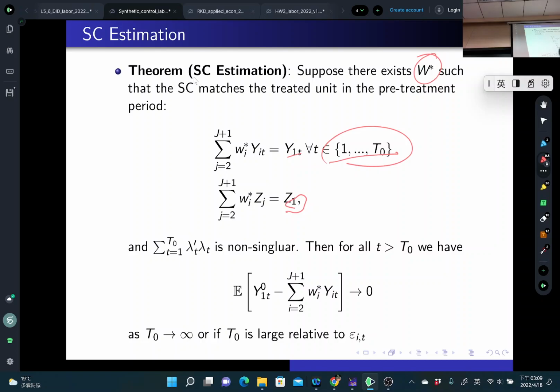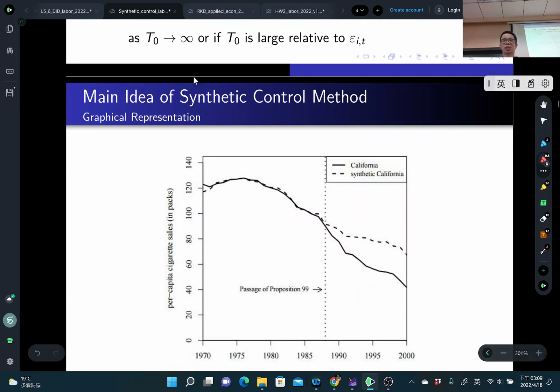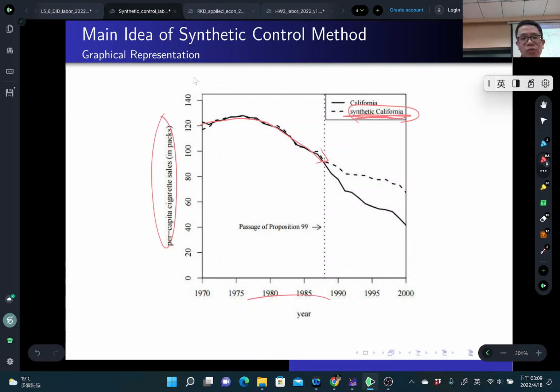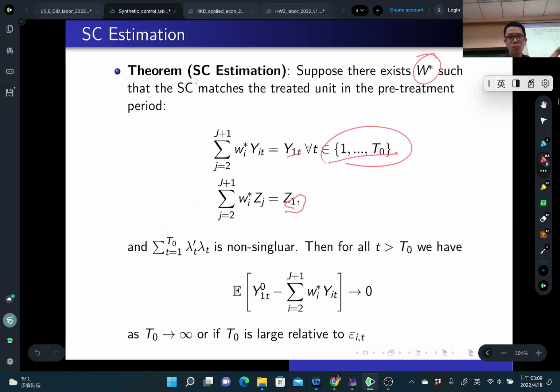Okay. So any questions? Basically it says, if we can find the weighted average that constructs a synthetic California that matches every year's outcome before treatment happens, then we can use this weighted average to replace Y0.